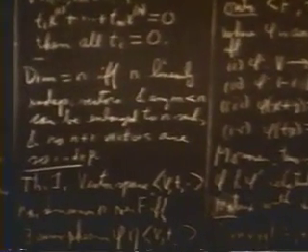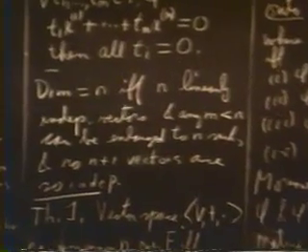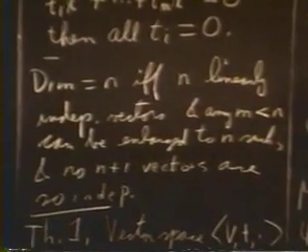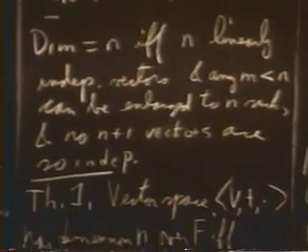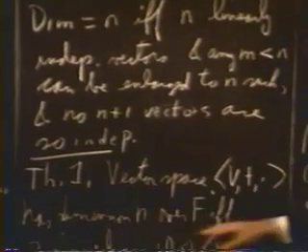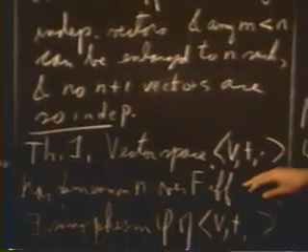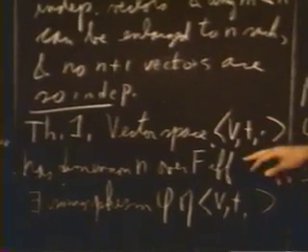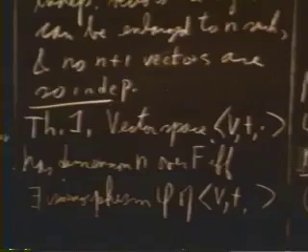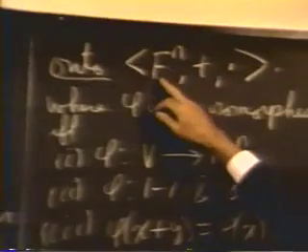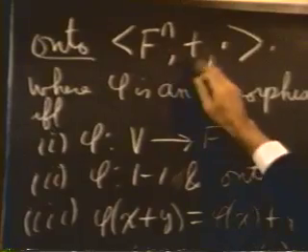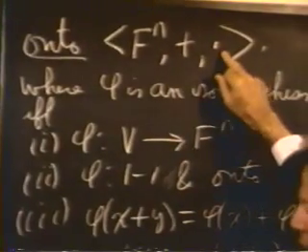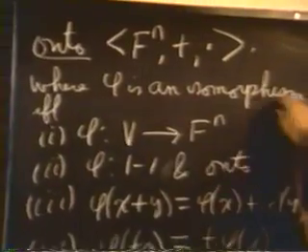In terms of these concepts, we can then formulate the basic representation theorem for such vector spaces. A vector space satisfying the axioms we have given has dimension n over F, its field, if and only if there is an isomorphism phi of the vector space onto the Cartesian product F^n, with plus and times defined as already discussed, where phi is an isomorphism.